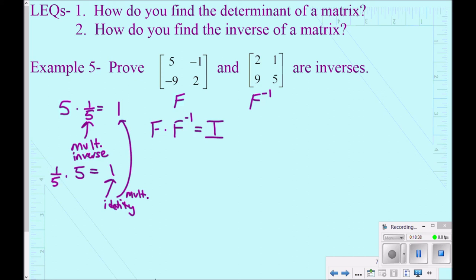Well, the multiplicative identity in matrices is the matrix that looks like that. That is the identity matrix for 2 by 2 matrices.